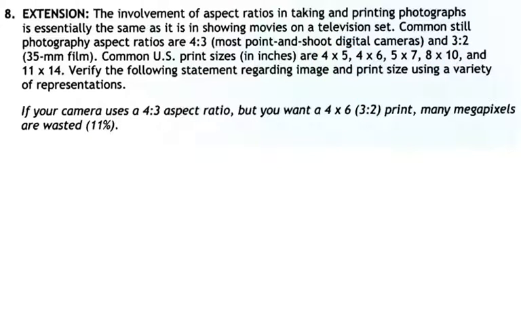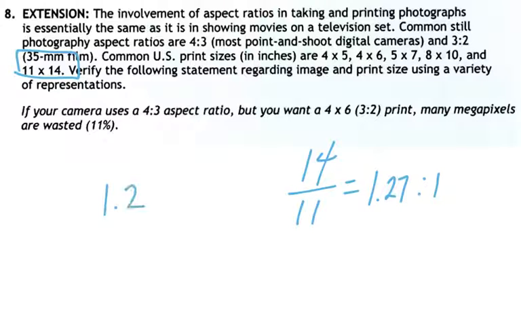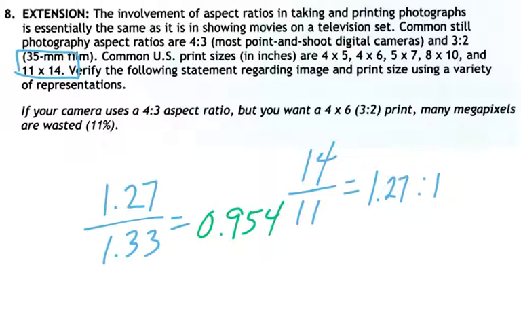And then we can do the 11:14. The 11:14, as expressed as something to 1, is 1.27. And so we take 1.27 divided by the 1.33 that we have done so many times before, and we get approximately 0.954.